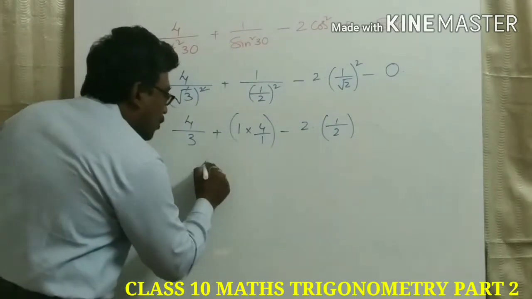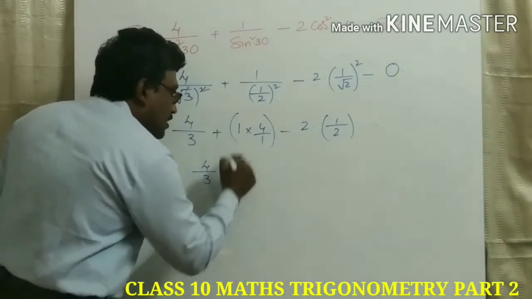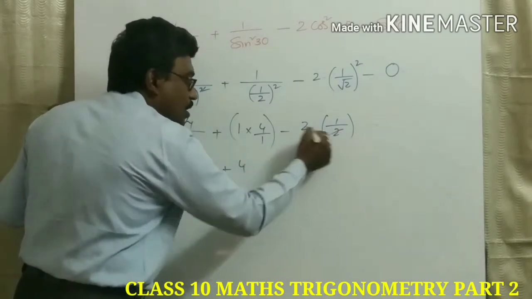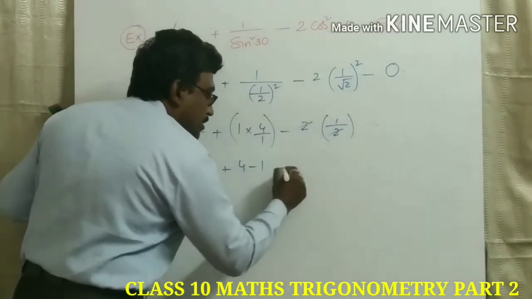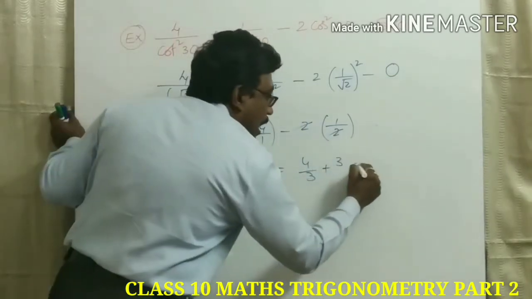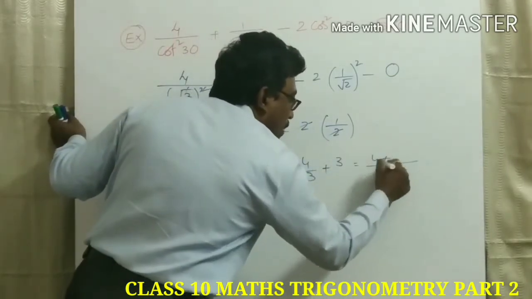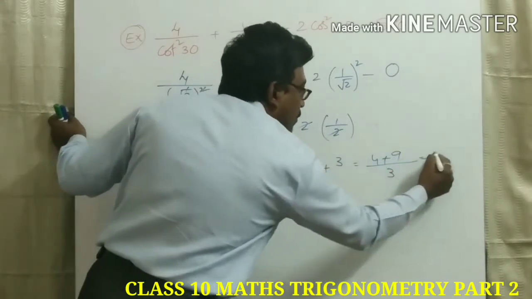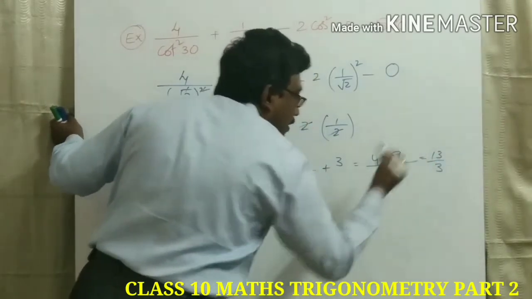Now it is 4 by 3 plus 4 ones are 4. 2 gets cancelled, minus 1. So 4 by 3, plus 3, taking LCM 3. 4 plus 3 3s are 9, 9 plus 4, 13 by 3.